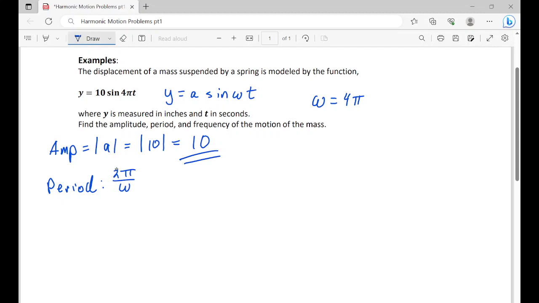So the period is 2 pi over omega, so it's going to be 2 pi over 4 pi, which is going to give 1/2. So the period is 1/2, and since the measurement is in seconds, this is 1/2 seconds.